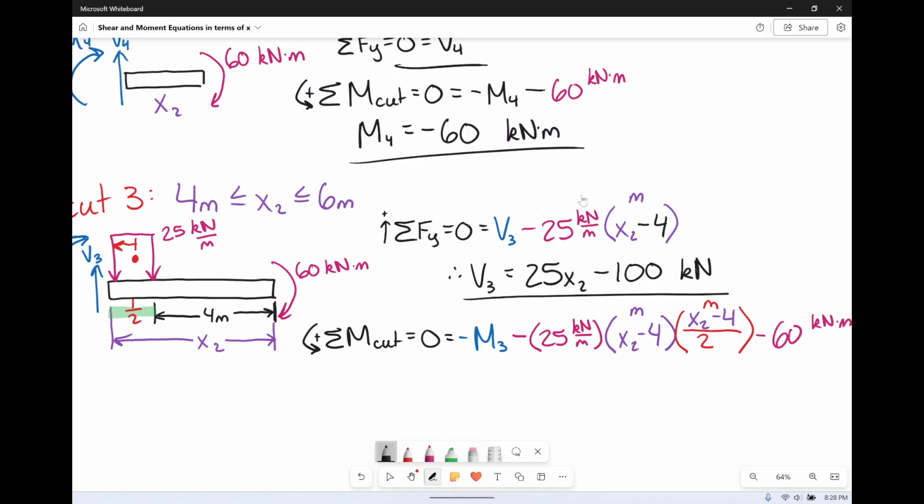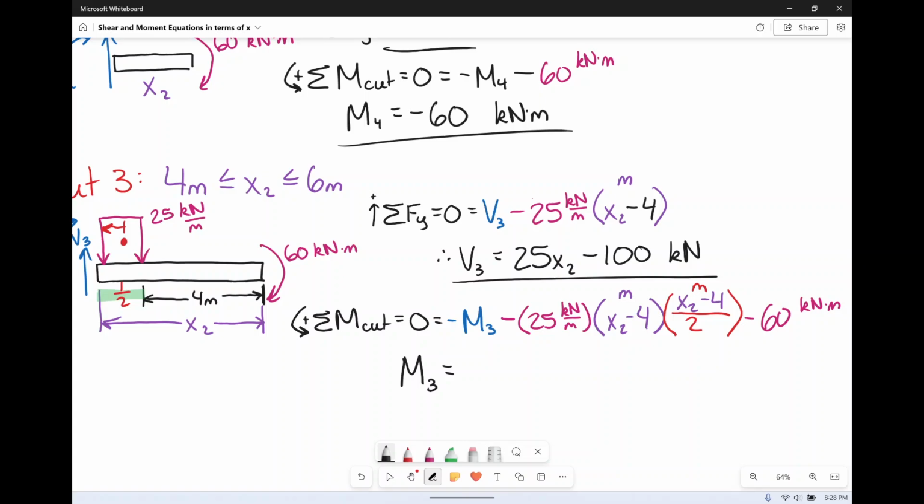Long story short, we'll just cut to the chase, and I'm going to tell you that it took me quite some time to solve all this stuff, so I'm not going to put you through that. But moment 3 boils down to, leaving everything in terms of a half, please forgive me, 25 over 2 x2 squared plus 200 divided by 2.